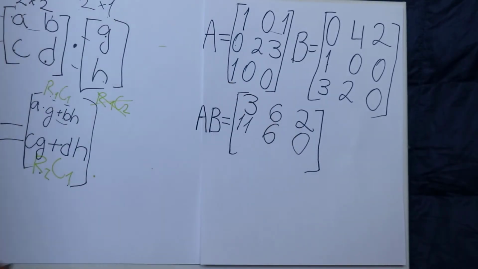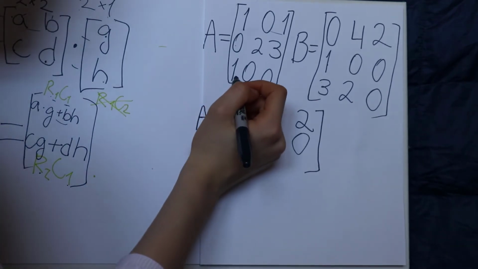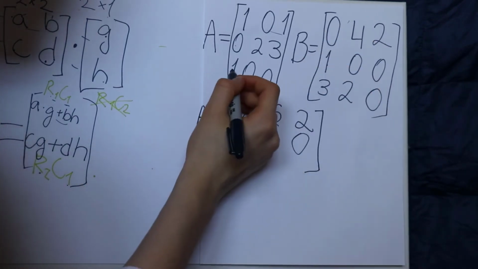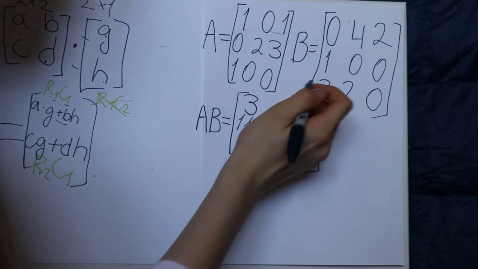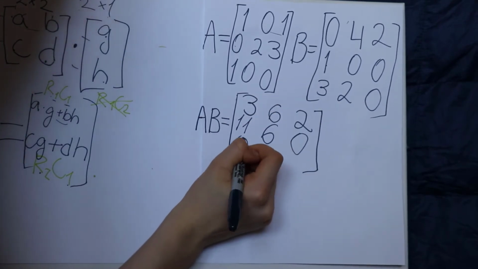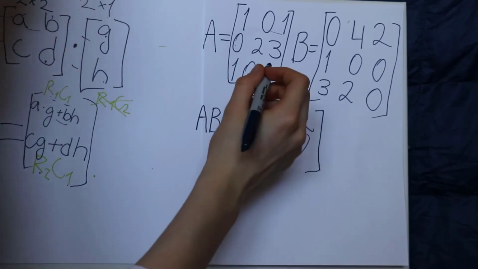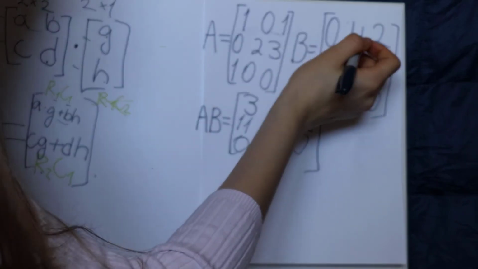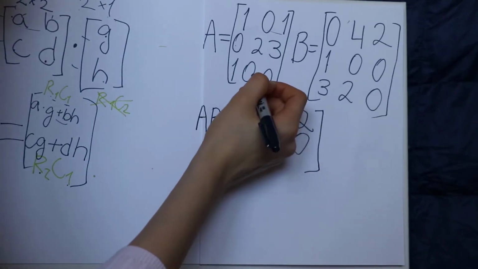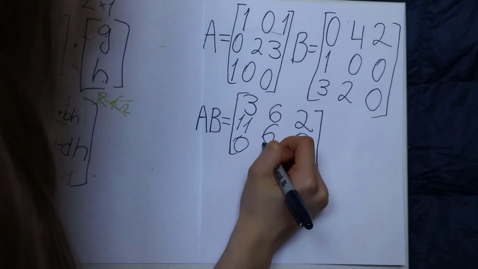Now we have the last row and the first column. So row 3, column 1, 0, 0, 0. So the answer is 0. Yay. And now 1 times 4, 0, and zeros here, so 4.